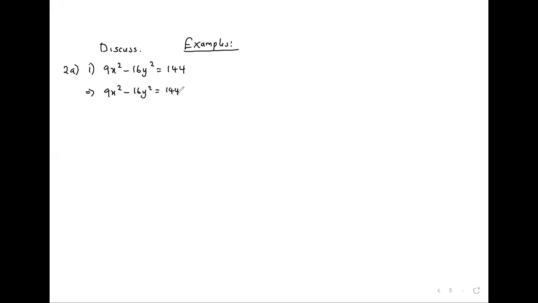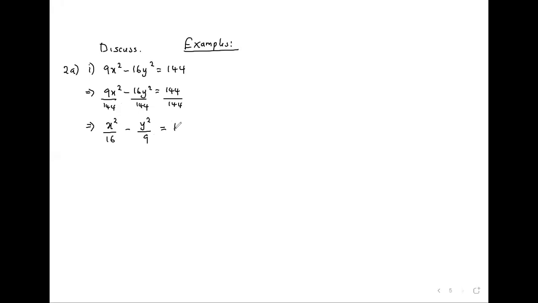So the first thing is to divide throughout by 144. This will give us x squared over 16 minus y squared over 9 is equal to 1.